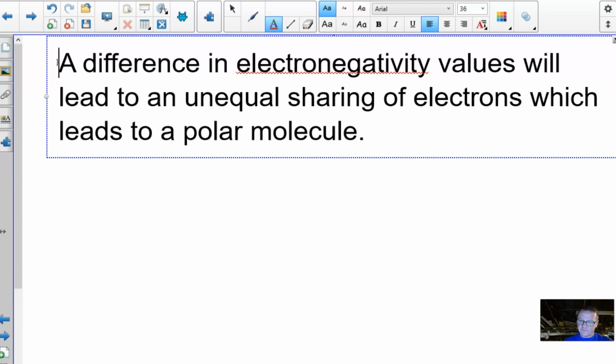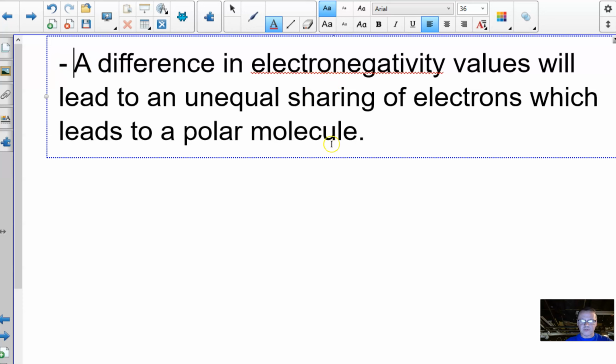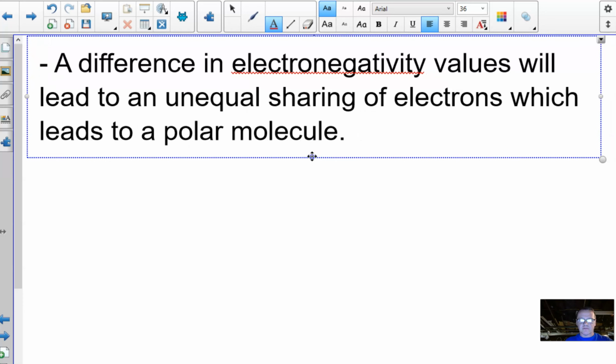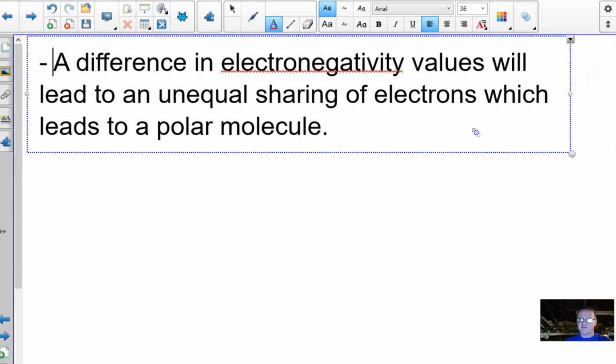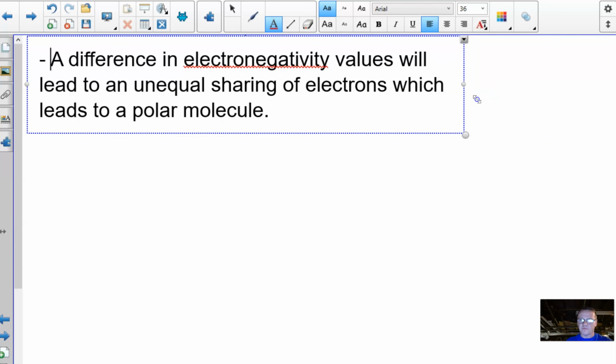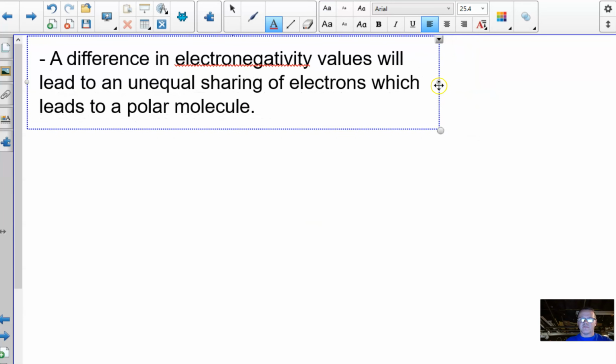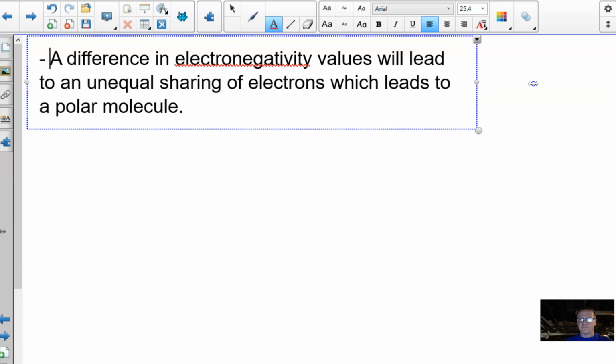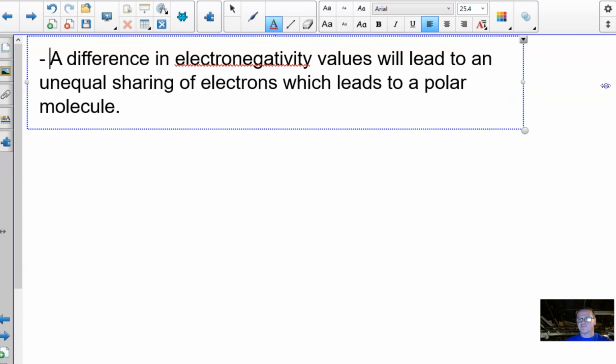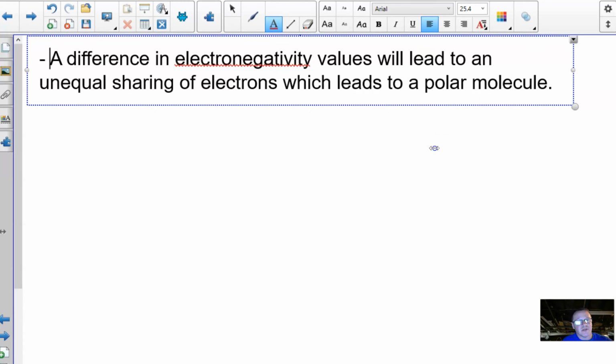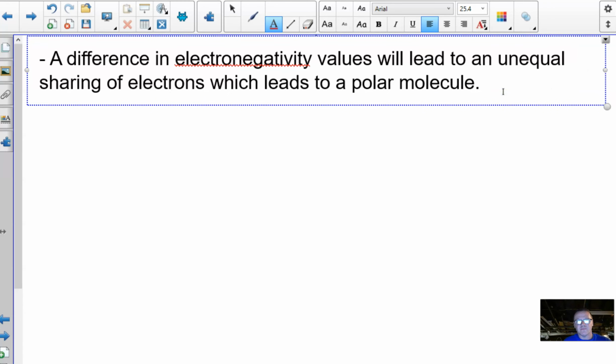That is, in a nutshell, this idea of polarity. Things are polar because the electrons are being shared unequally between two elements, and they're being shared unequally because those two elements have different electronegativity values. Think about it in terms of one being more attractive, so all of the electrons want to hang out with the more attractive element.